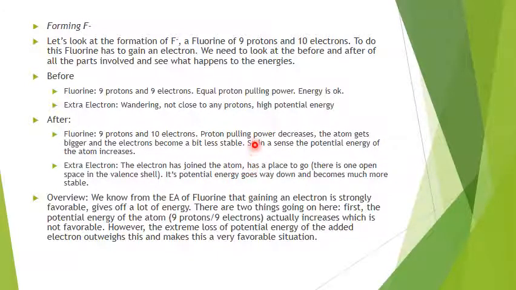And so what you have to do is combine these two effects. And when you do that, the overall effect of adding the electron and decreasing its energy outweighs any increase in the energy of the fluorine. So when you add an electron to fluorine, it gives off a lot of energy because of this effect here.